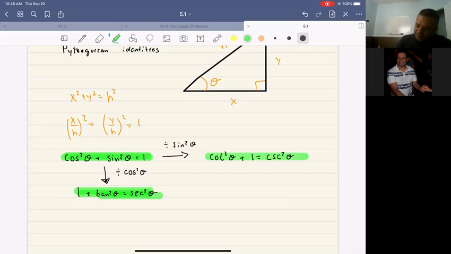Okay? So these are sort of the 3 Pythagorean identities. We use those quite a bit in this class, okay? And also not just in this class. If you're going to be doing calculus, then you're going to see these things quite a bit, okay?